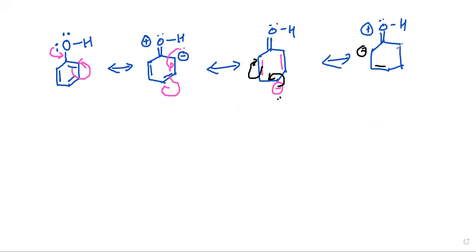So we can see that there is a movement of the double bond as well as the electrons. Now in this structure, the electrons of this double bond again get back to the oxygen, and the electrons which are available as negative charge go onto carbon.